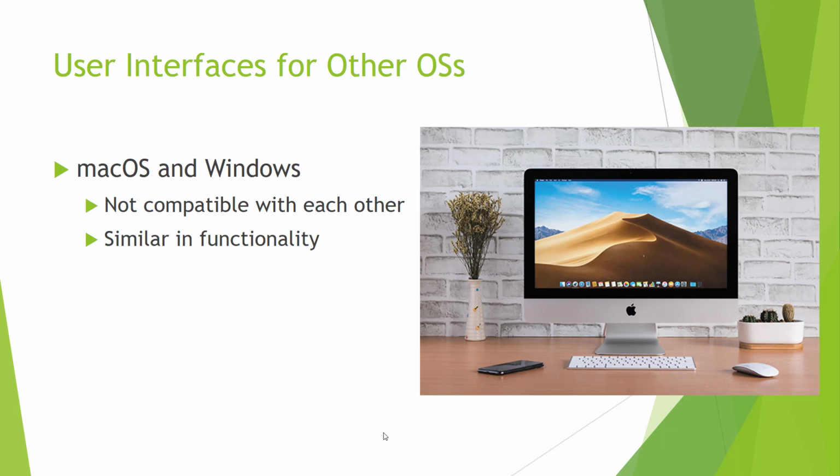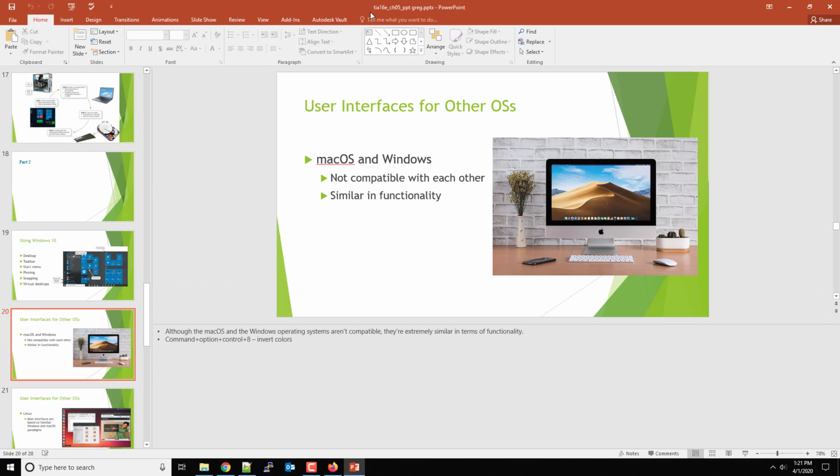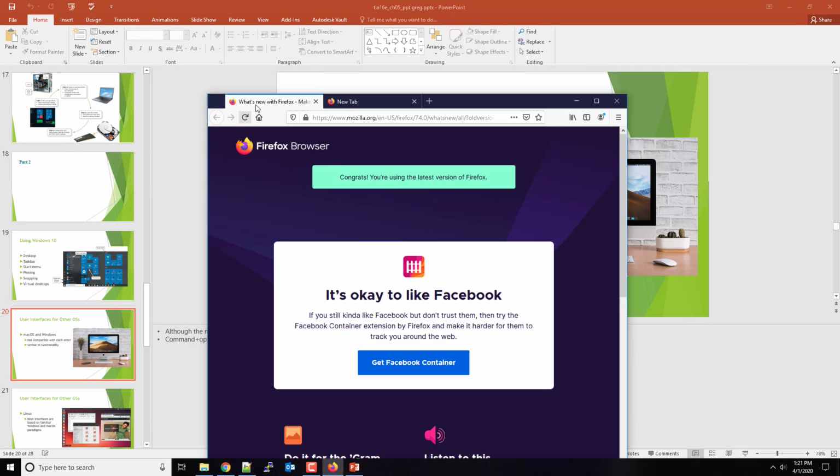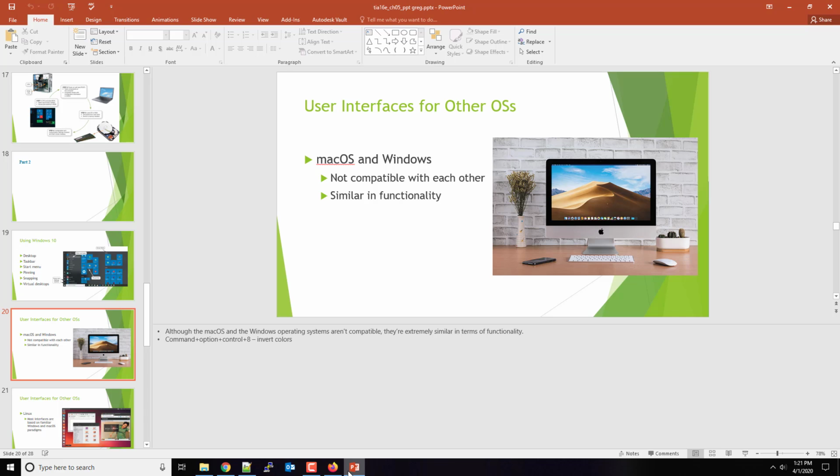So, you know how on Windows you've got the PowerPoint one, and then we have Firefox's one, and I have Notepad's one. The Mac one always lives across the top of the screen, and it just changes depending on which application you have open, which I do find kind of interesting. All right.